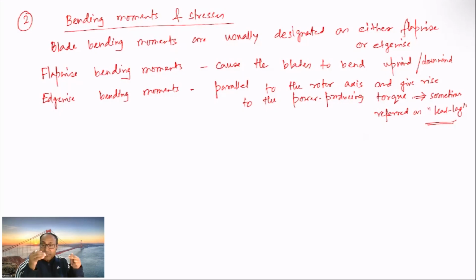That means this is the rotor axis, and the motion is parallel to that. So if you look at this view, it has a motion like that. This can be referred to as lead lag. This also gives rise to or produces torque.